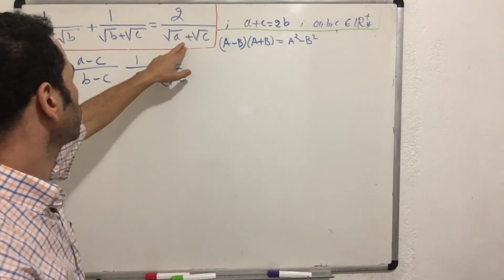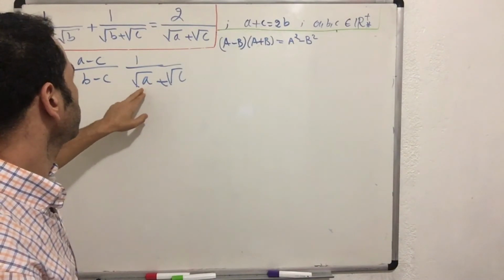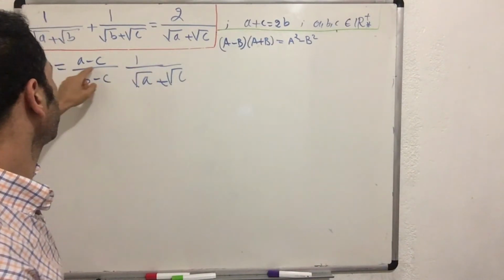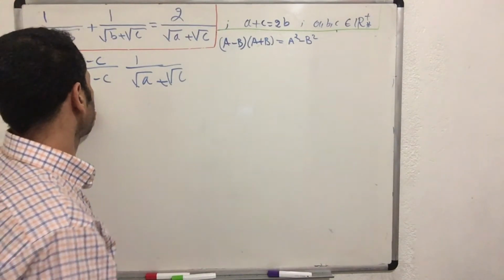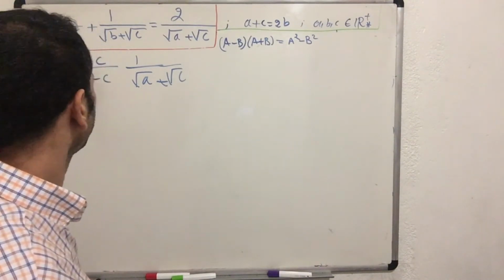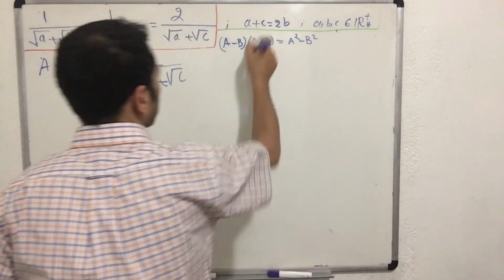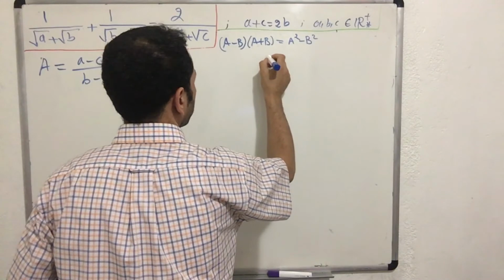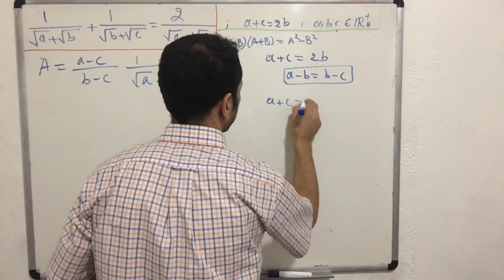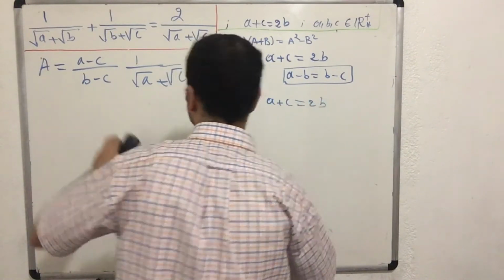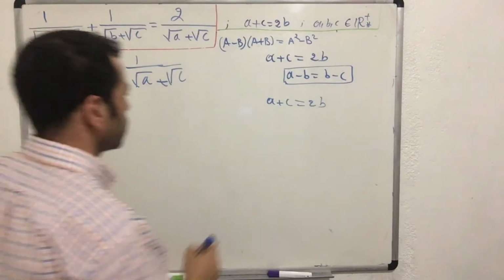We have the denominator of this fraction the same, but you have a minus c over b minus c, so we have to make the connection between a minus c and b minus c. Let's work on the first equation, a plus c equal to b, but this time I need a minus c.